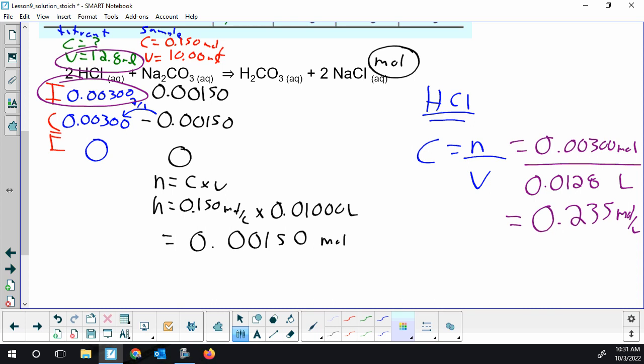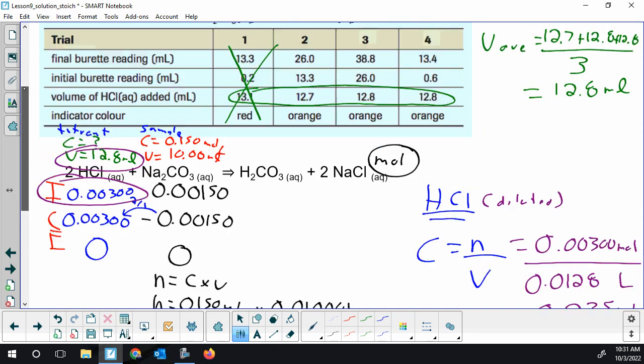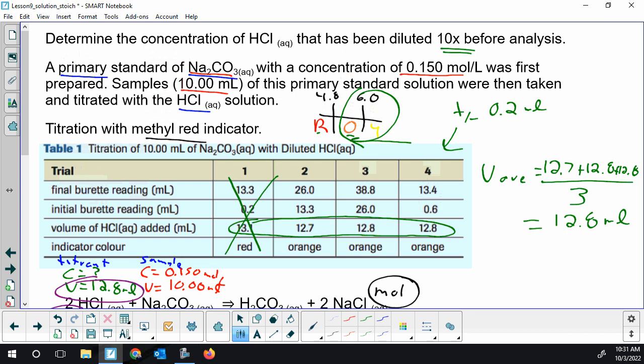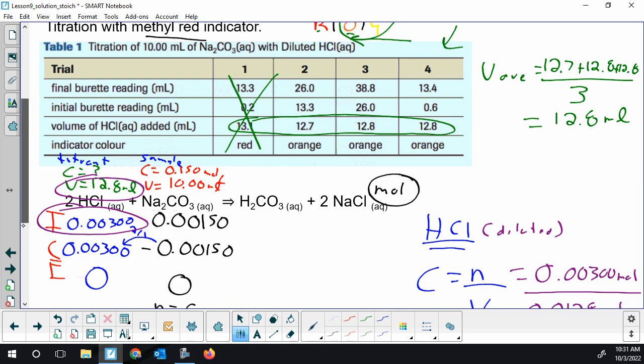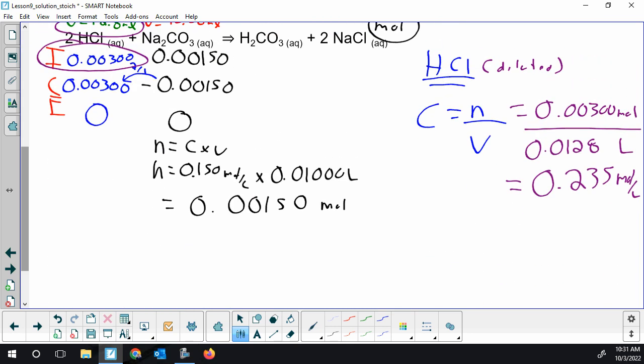So this was the diluted. Way at the beginning, we have that our sample was diluted 10 times. So that original hydrochloric acid is just 10 times stronger.